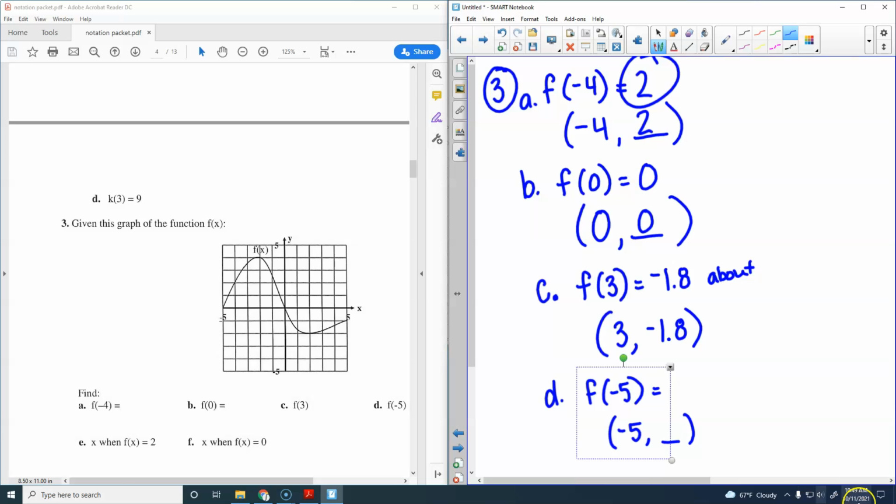Shouldn't be 1. What do you think, Easton? Is it 0? It is 0. Because we would be looking at this point right here on the graph, where your x-coordinate is negative 5, and that's going to have a y-coordinate of 0.